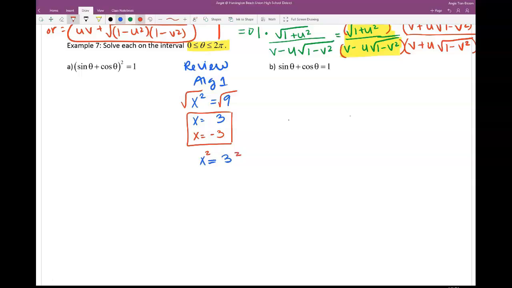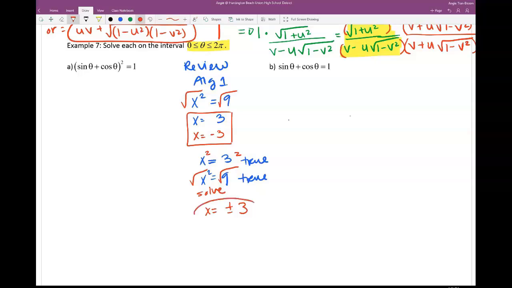Then would you agree that this is x squared equals 9? That is true, right? It's true and true. But here's my question. From here, I would like for you to solve. When you take a square root, there are 2 of them.